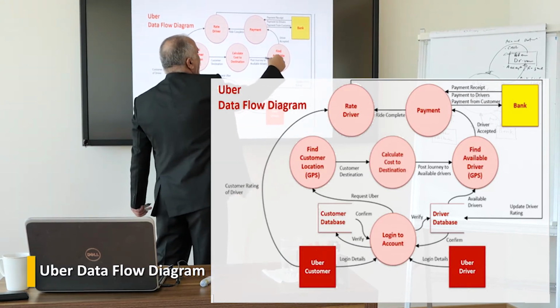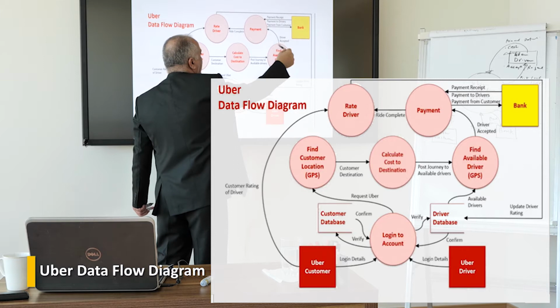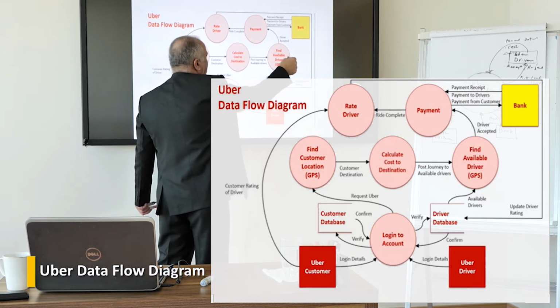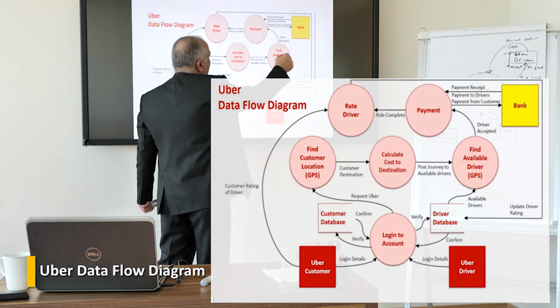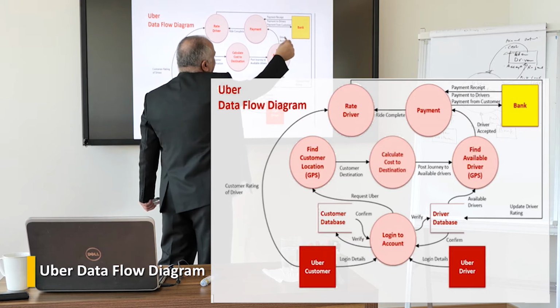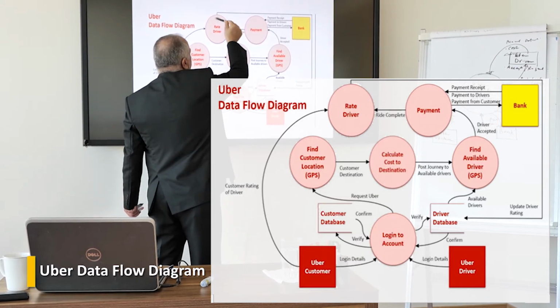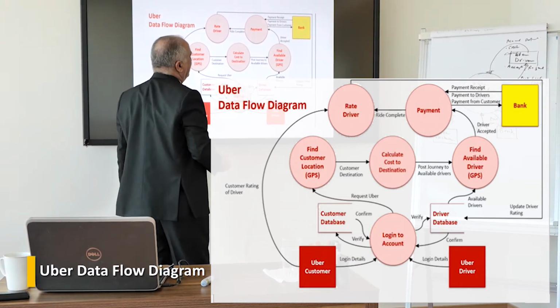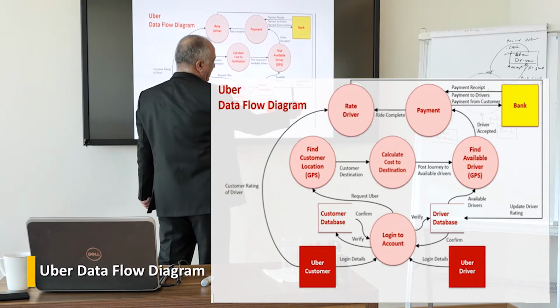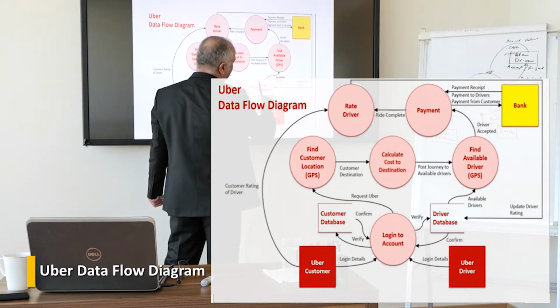We identify, maybe we send a broadcast to 5-6 drivers. We identify which driver accepts. One driver will accept. Then a service is done, payment is done. Then here is another process, which we call rating. Upon rating, we need to put it where?